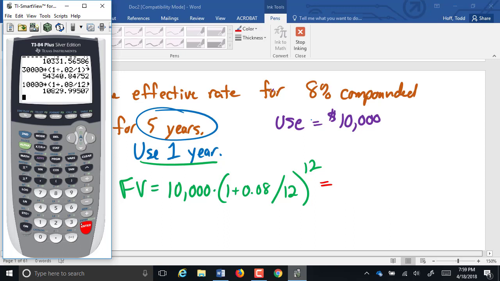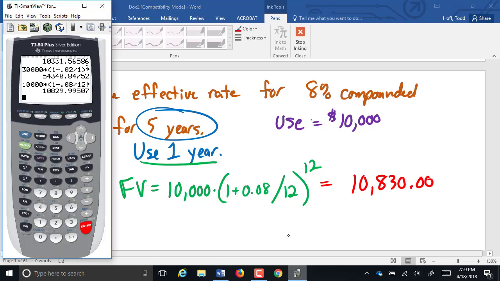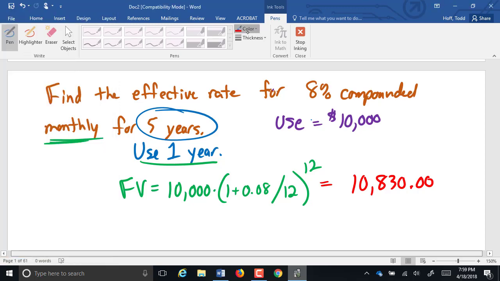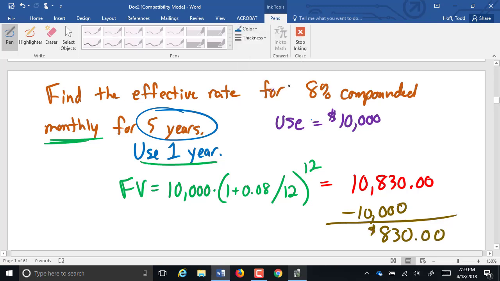We get a future value of $10,830.00, that was 0.995, which rounds up to 0.00. So subtracting the original 10,000, that is $830 in interest. That's our compound interest.